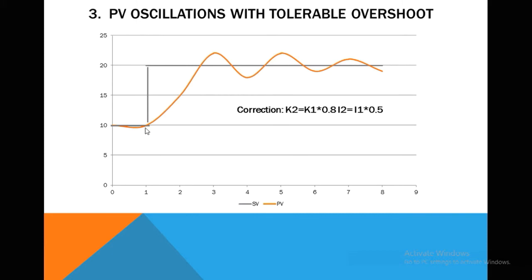Now this takes off immediately, and the overshoot is tolerable, right? But overshoot is there still. In that case, your gain has to be made 80%, so reduce it by 20%. Integral time to be reduced by 50%.